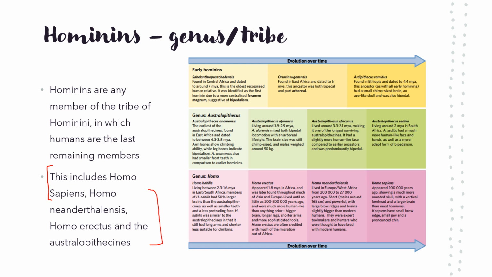So Homo neanderthalis, Homo erectus, Australopithecus, these are all early relatives of humans, and we're going to have a look at those a little bit later on, but it's good to note that all of these species were also alive while early Homo sapiens were alive as well. So we were all interbreeding, interacting with each other, competing. So it wasn't just us evolving in isolation.